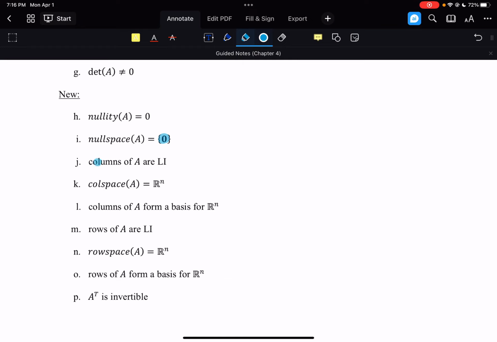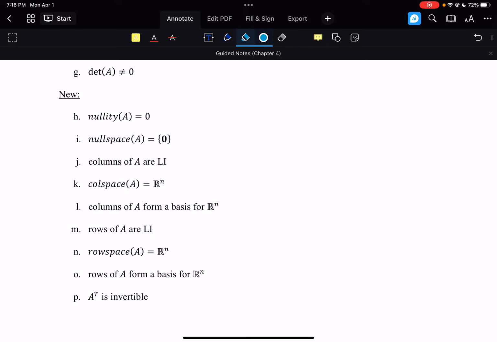Okay, to say that the columns of A are linearly independent is equivalent to saying that the column space is all of Rn. In other words, it spans all of Rn. Saying that the columns of A form a basis for Rn. So these are all, of course, equivalent statements to each other as well.